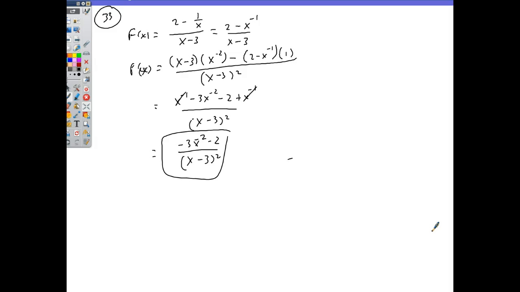I distributed it properly. Oh, man, what did I do there? That's weird. You're right. So I've still got plus 2x to the negative 1 in my answer. So those wouldn't cancel out. No. Should be a plus. Thank you.